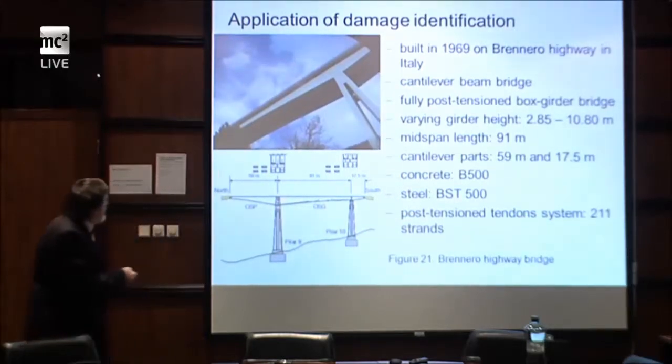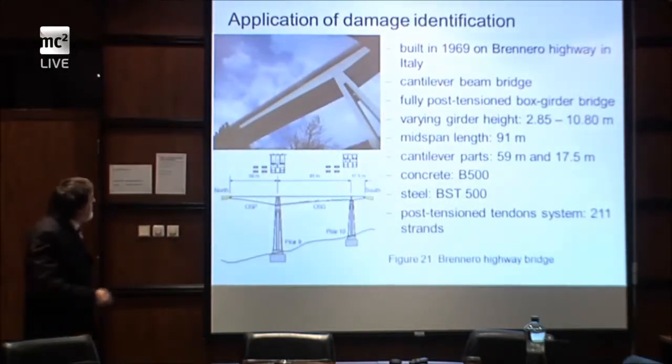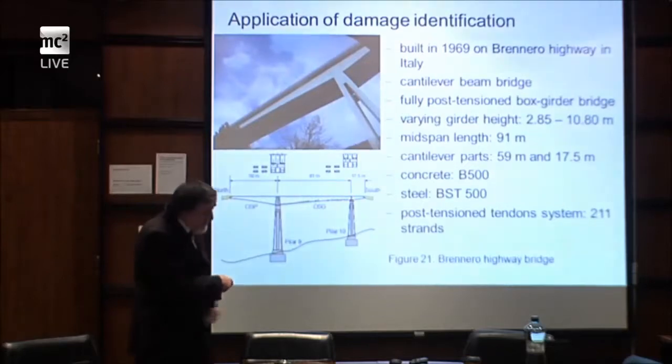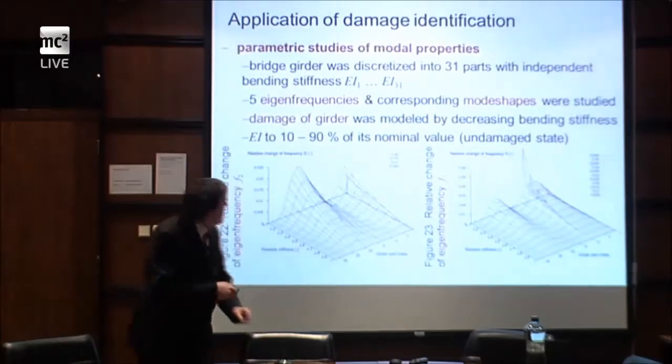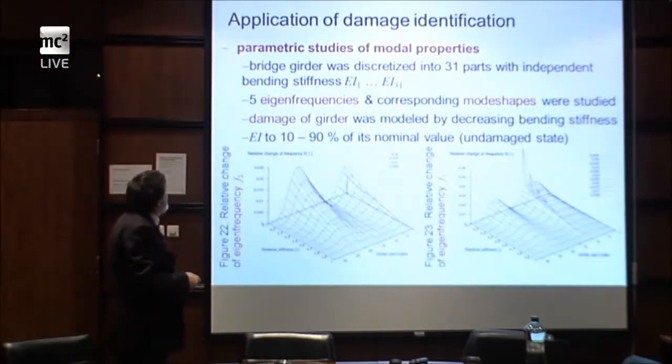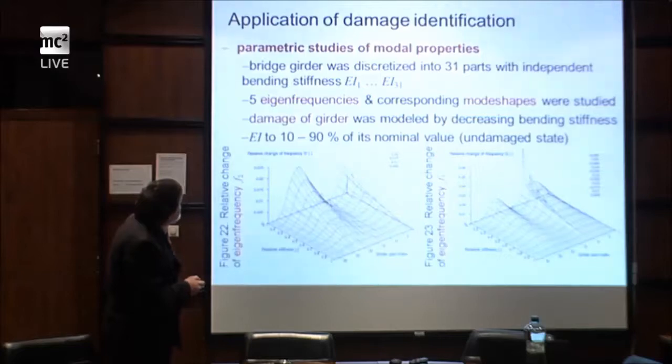So the model, even in 2D Atena, was quite complicated. It was only a part of the bridge. The bridge girder was discretized into 31 parts with independent bending stiffnesses EI1, EI2 up to EI31, and this was the subject of identification, right?